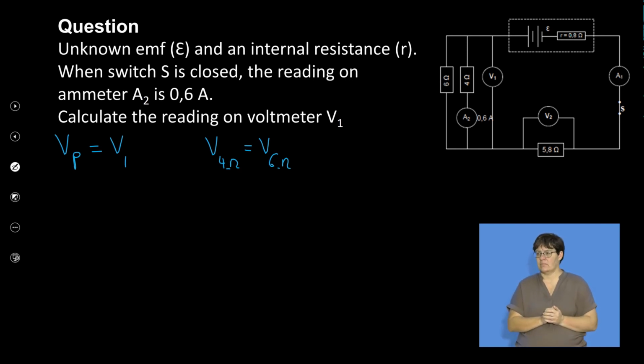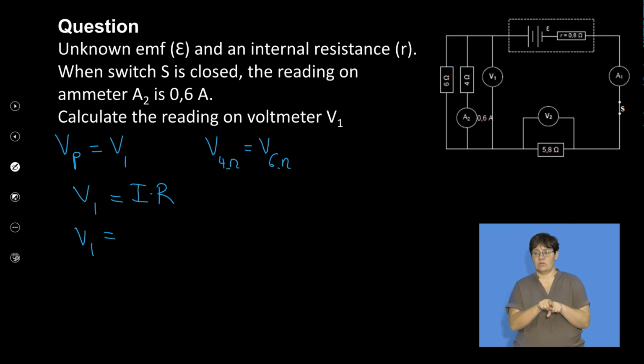So we want to calculate V1. We are going to apply Ohm's law to determine V1. So we're saying V1 is equal to current multiplied by resistance. Which current are we talking about? The current passing through A2, which is 0.6 amperes. The resistance of that resistor through which the 0.6 amperes passes is 4 ohms.